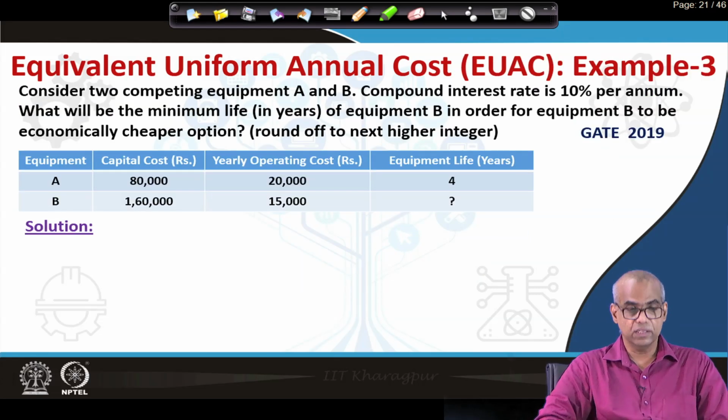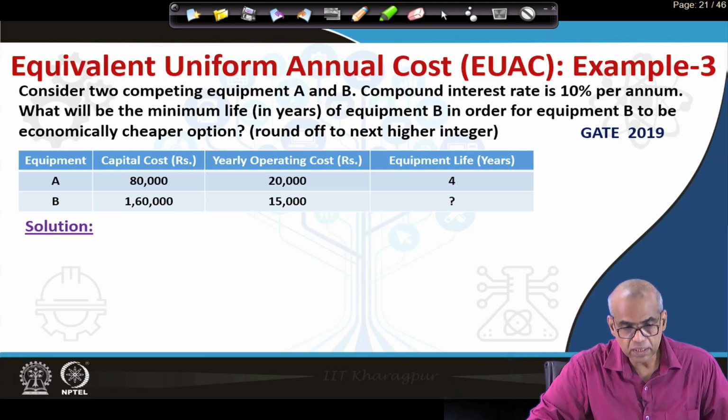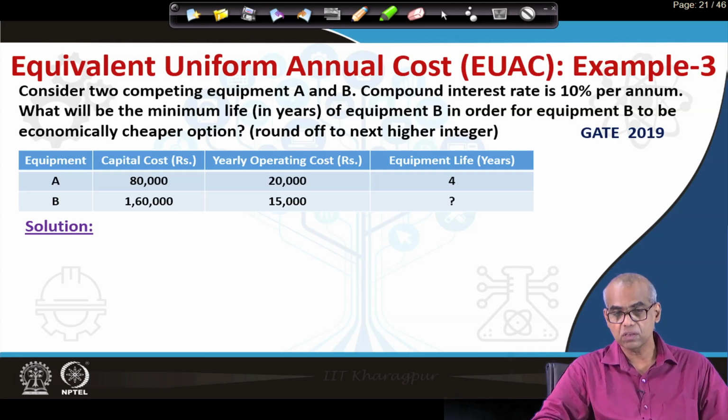Let us take another example. We consider two competing equipment A and B. Compound interest rate is 10% per annum. What will be the minimum life in years of equipment B in order for equipment B to be the economically cheaper option? So, equipment A and equipment B are given.